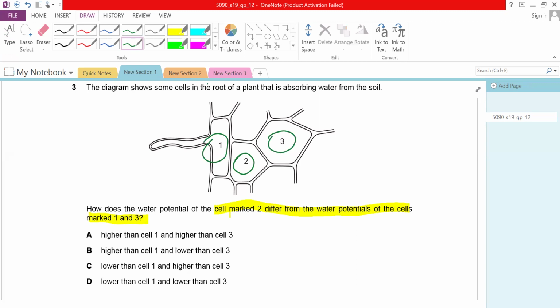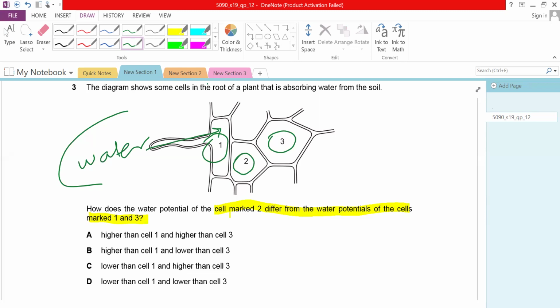So the root hair cell is absorbing water from the soil. We can say that this is soil and here is water and it is absorbing this water. When it absorbs, the water comes first to cell 1. It means that cell 1 has higher water potential than 2.